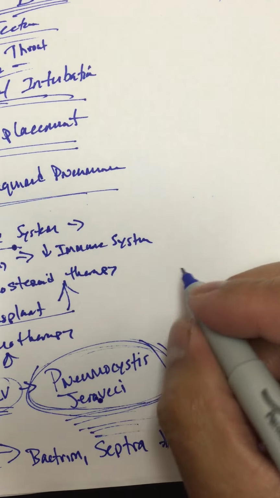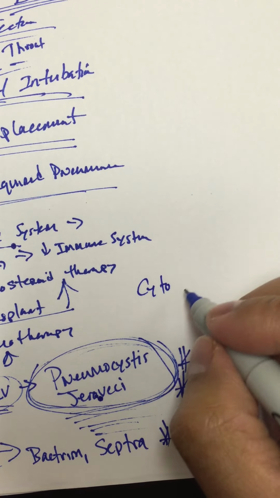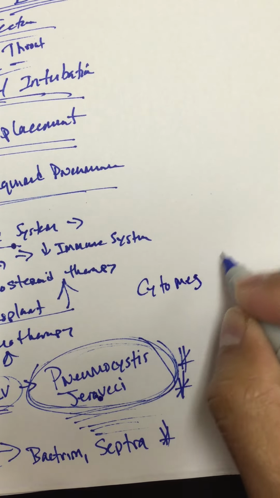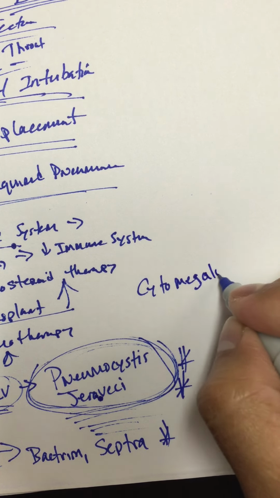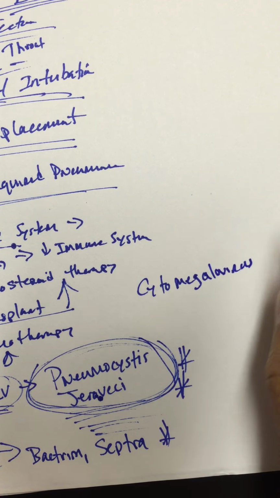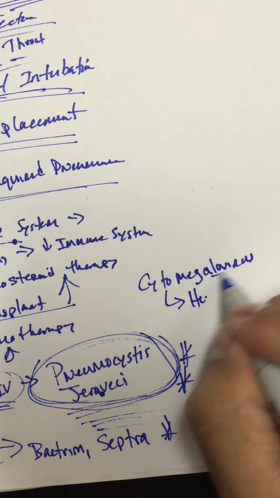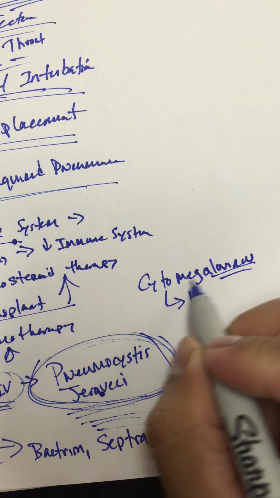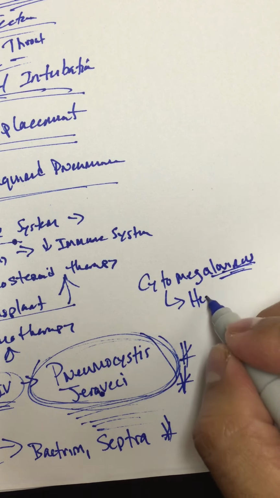Something else could be an infection with cytomegalovirus. Now this is a virus, hence the name cytomegalovirus. This is part of the herpes virus family.